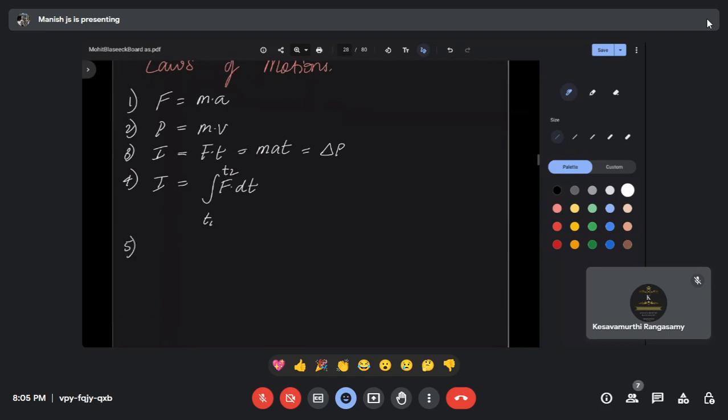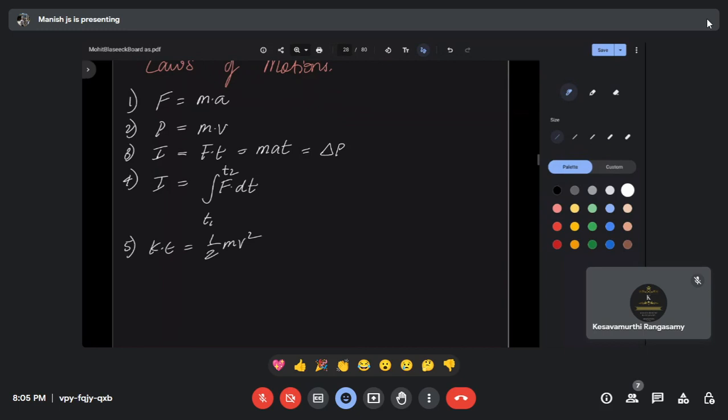And after that, we also have the relation between kinetic energy and momentum, which I think you guys should know. Kinetic energy is half mv squared, and momentum is m into v. So how can we write this in terms of momentum? Kinetic energy is half p into v.